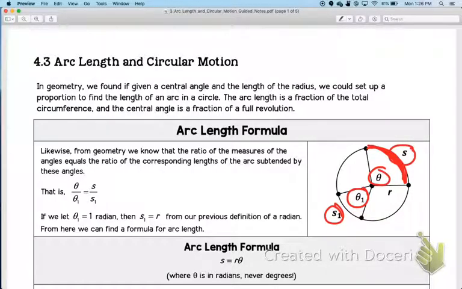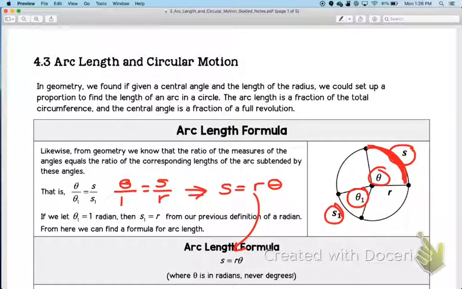So if we let theta sub 1 equal 1 in this proportion, that would become theta over 1, and S sub 1 is going to be equal to R from our previous definition of a radian, so S over R. And I want to solve this for S. Multiplying by R on both sides gets us S is equal to R times theta, which is where this formula comes from.